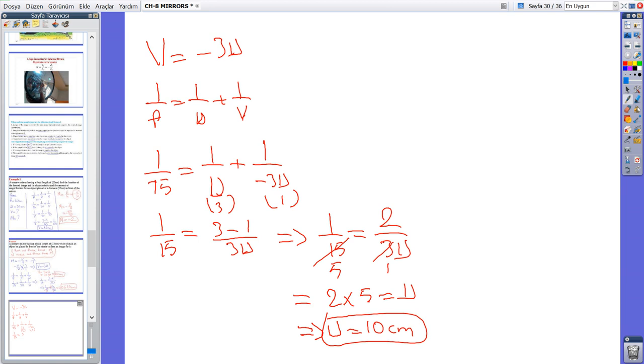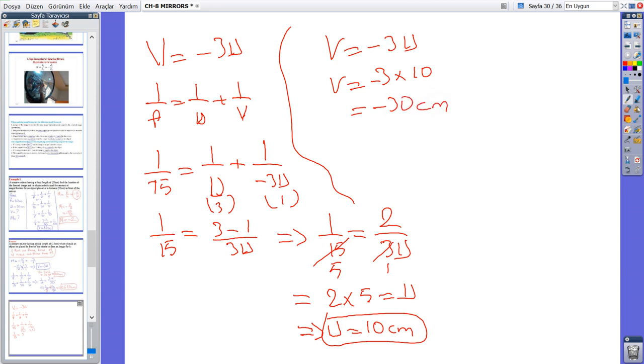And if you remember, we found v equals negative 3u. Having found u, v equals 3 times 10, but negative, equals negative 30 centimeters.